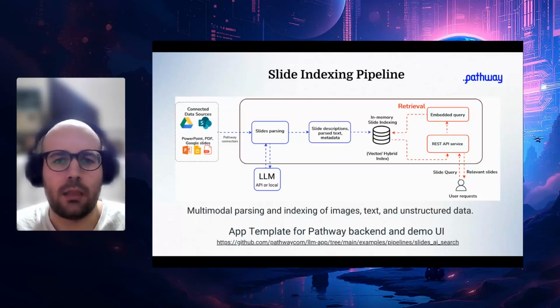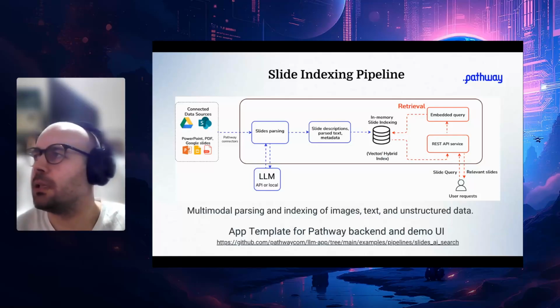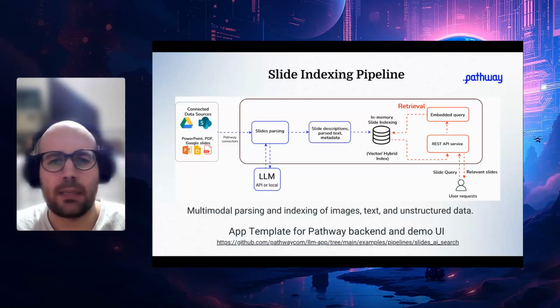Maybe there is some change in visual identification of the company, and then you are looking for the green slides or something like this. So all of this can matter when you are looking for slides, and that's why a multimodal LLM is important, because we get not only the text on the slide, but also the description. And with simpler parsing like OCR, we would probably miss a lot of that.